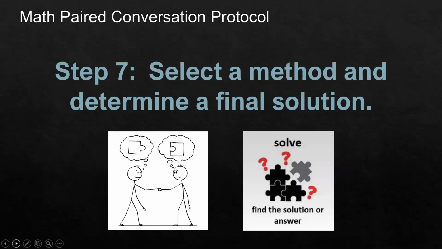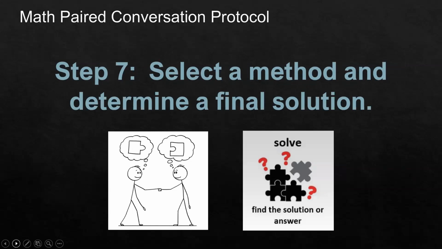Step 7, select a method and determine a final solution. Now, you may decide with your partner in the end that neither partner A nor partner B had the best solution, that once you talked about it, there was another way that would work even better because you compared notes.